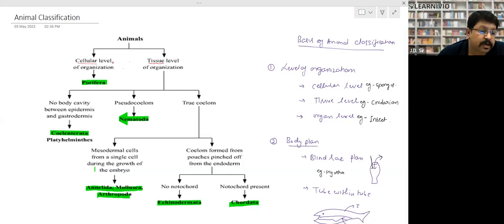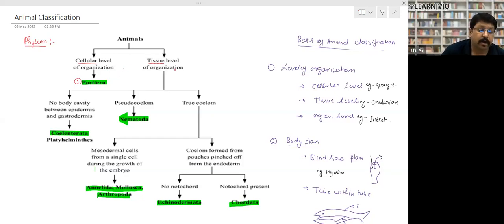Now, Porifera is the first phylum. The animals have been divided into phyla. There are a total of 10 phyla. The first phylum is Porifera, in which sponges come. We will discuss every phylum in detail in this topic.